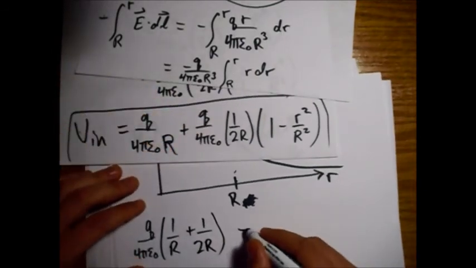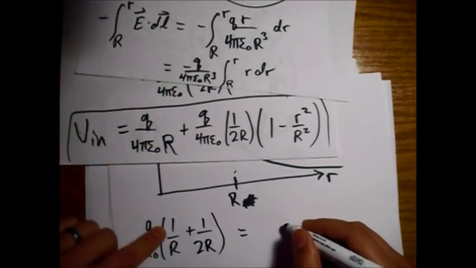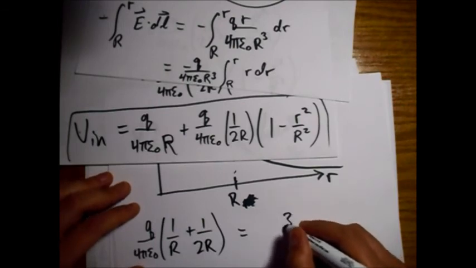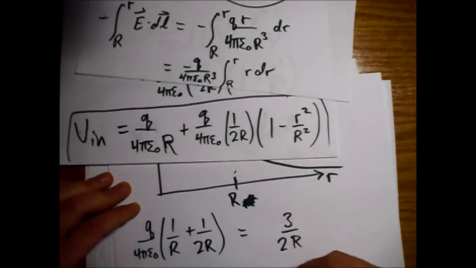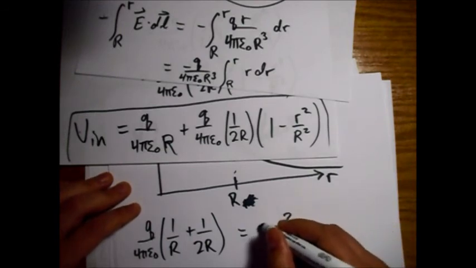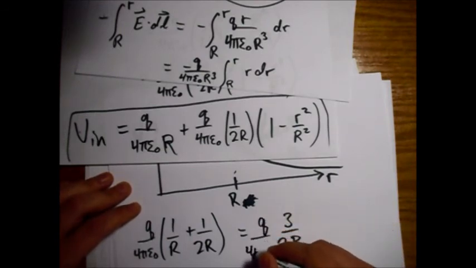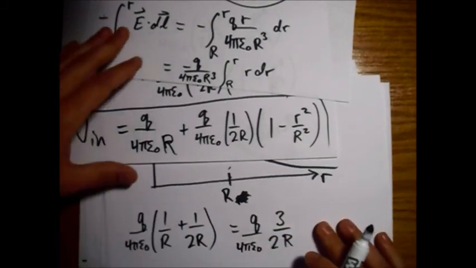So this is equal to 3 halves, so 3 over 2 big R, Q over 4 pi epsilon naught.